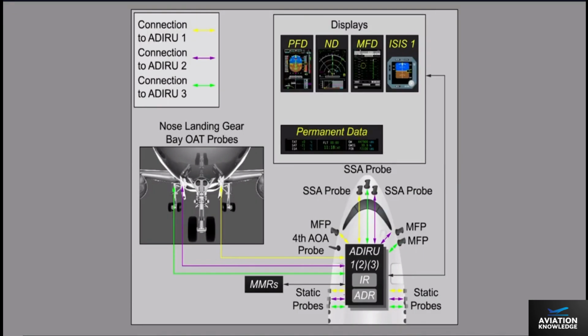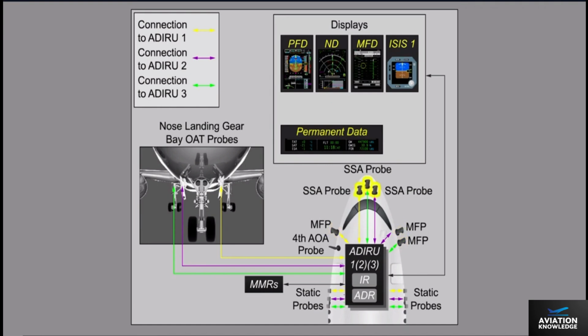The Air Data Reference Unit computes the air data parameters using data from different probes. One multifunction probe, MFP, per air data reference provides total pressure, total air temperature, and angle of attack measurements.